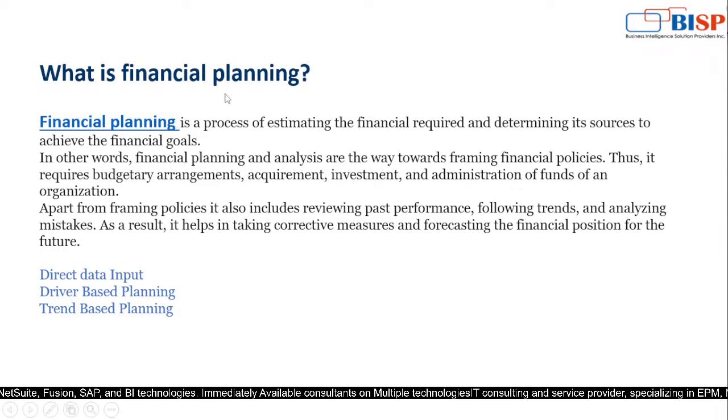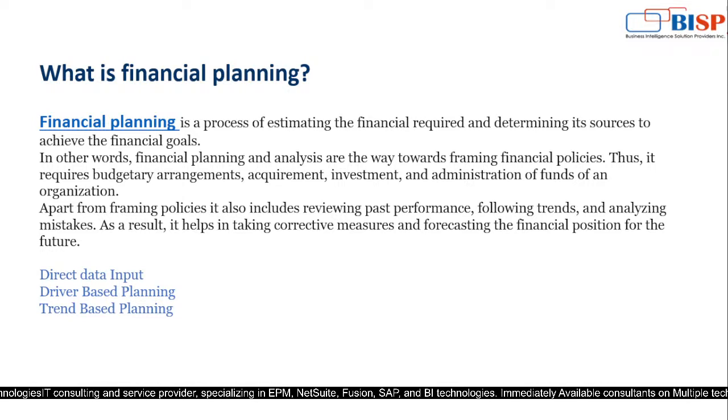The definition of financial planning is a process of estimating the financial requirements and determining its sources to achieve the financial goals. In other words, financial planning and analysis are the way towards framing the financial policies. Thus, it requires budgetary arrangements, acquirement, investment, and administration of funds of an organization.